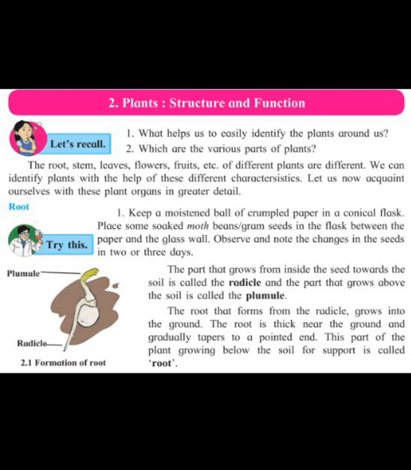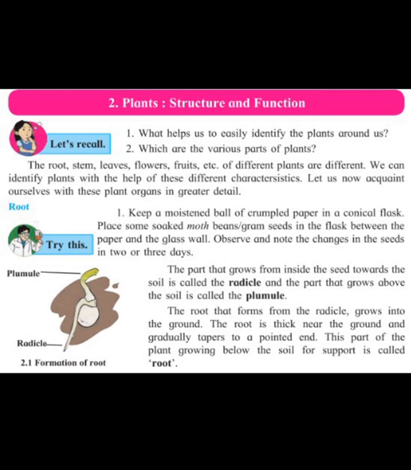What are those characteristics, children? Yes, roots, stem, leaves, right? Even some plants have different flowers. The fruits are also different, right? So these are some of the characteristics that help us all to identify the different plants in our nature, right, children?